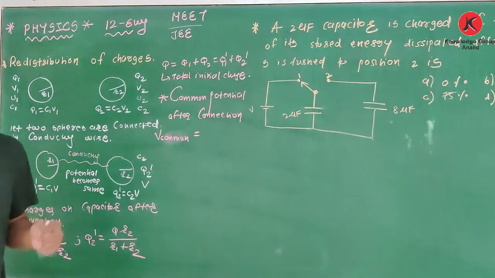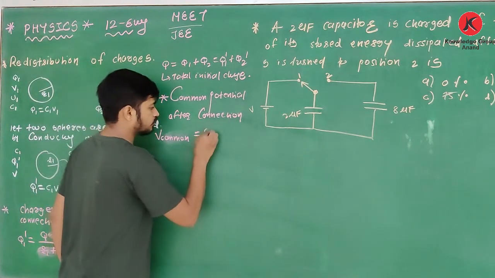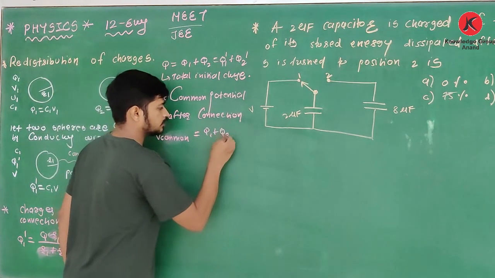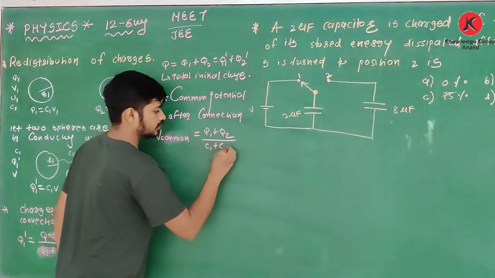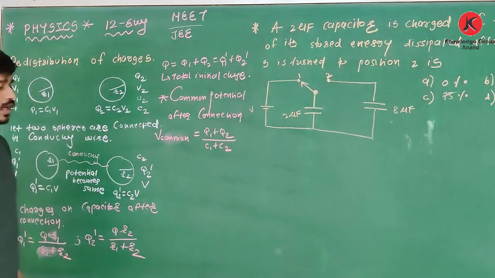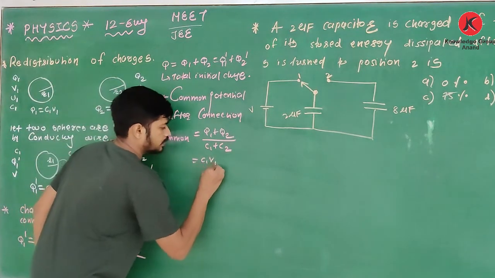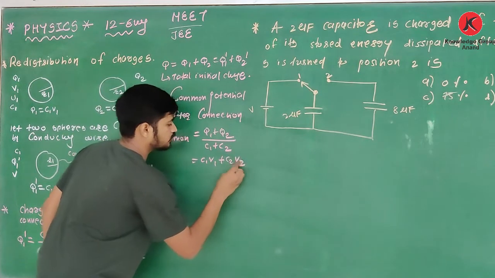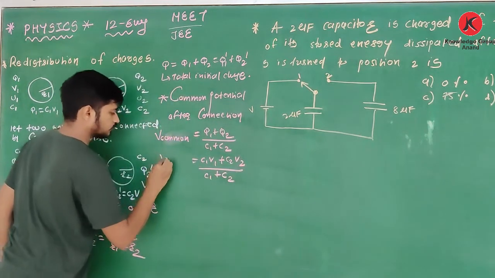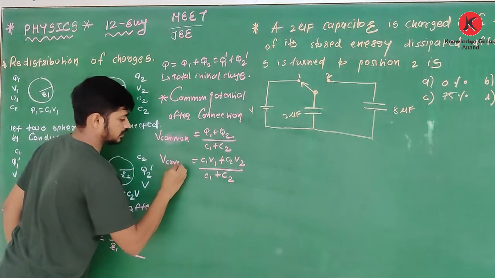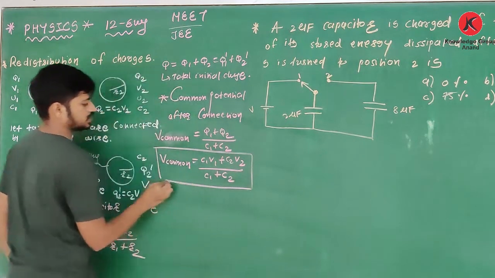C is equal to Q upon V, so V is equal to Q upon C. Total charge upon total capacitance means Q1 plus Q2 upon C1 plus C2. Now what is Q1? It is C1 V1 plus C2 V2 upon C1 plus C2. So you have to remember this equation specially.